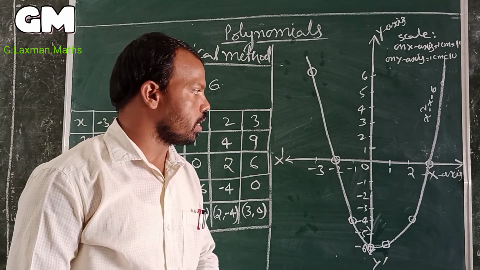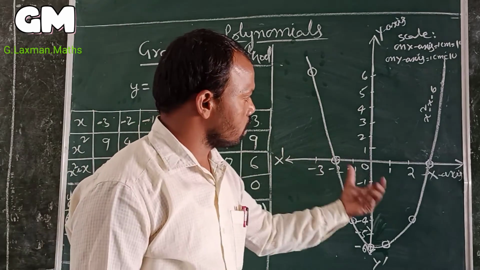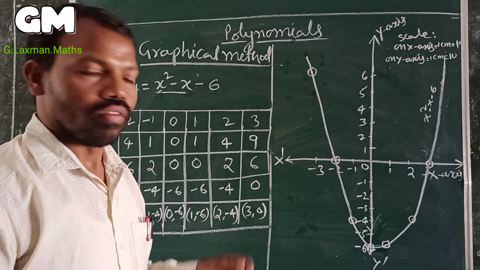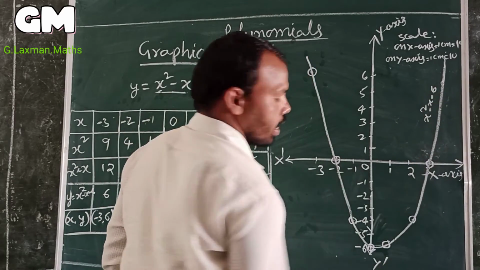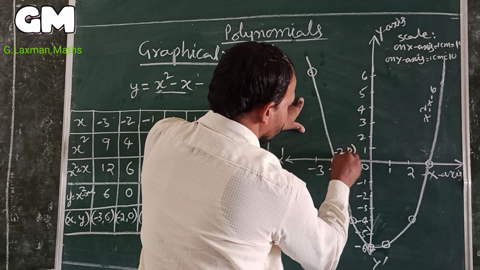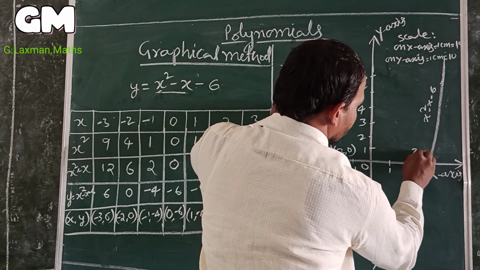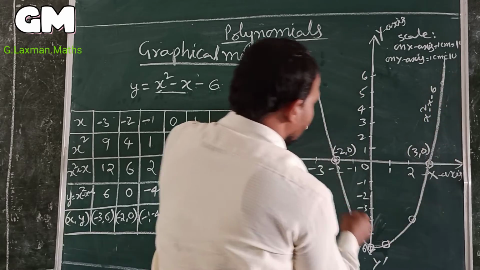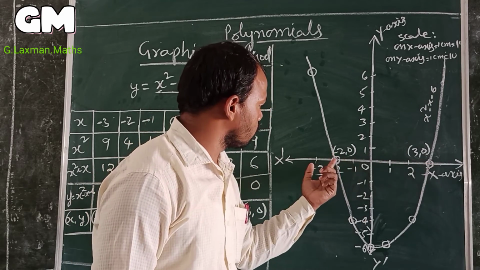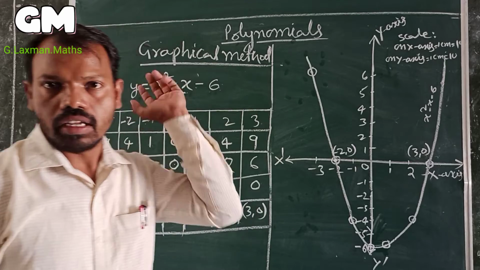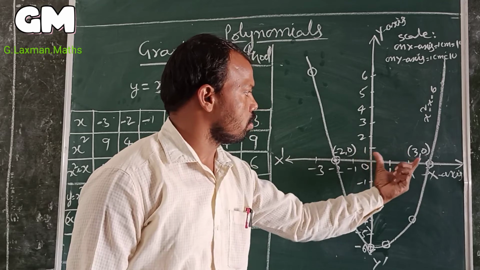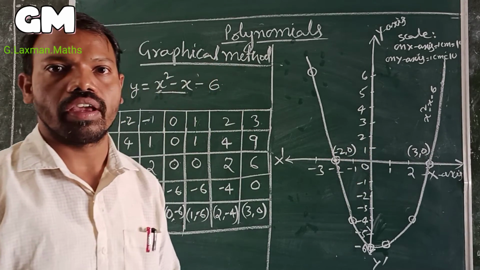Very simple: remember the points where the curve intersects the x axis. Those points give the zeros of the polynomial. On the left side it intersects at minus 2 comma 0, and on the right side at 3 comma 0. So the x coordinates of these 2 points are the zeros of the polynomial.